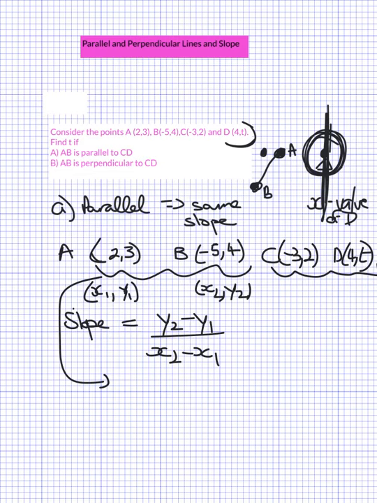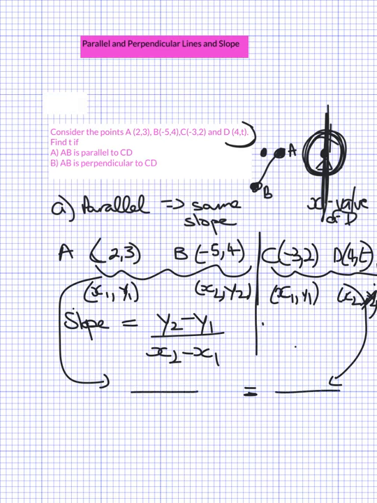Then I'm going to find separately the slope of CD, calling this one x1, y1, and this one x2, y2. So I've got two different lines that I'm finding the slope of, but because I know they're parallel, I can say they're equal to each other.